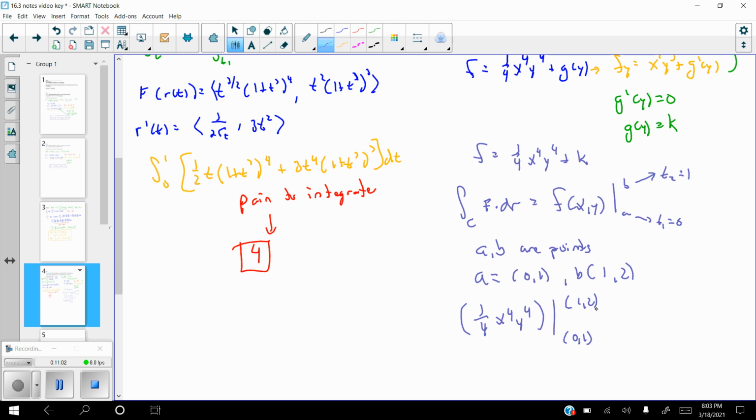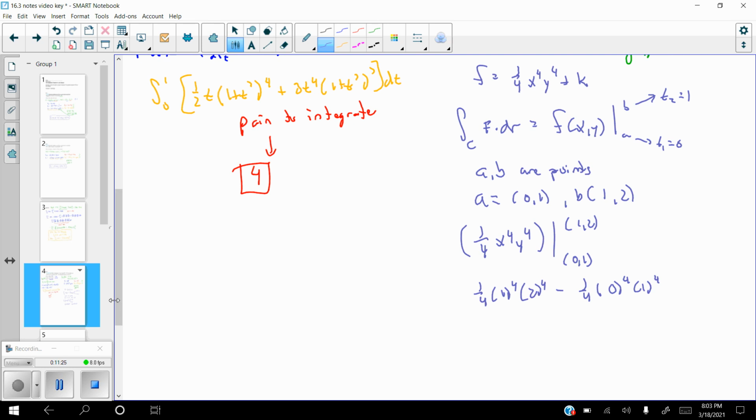So if I plug the point 1, 2 in first, we're going to get 1/4 times 1 to the 4th times 2 to the 4th minus, now if I plug in 0, 1, I'm going to get 1/4 times 0 to the 4th, that's nice, times 1 to the 4th. So that whole last part's going to be 0.